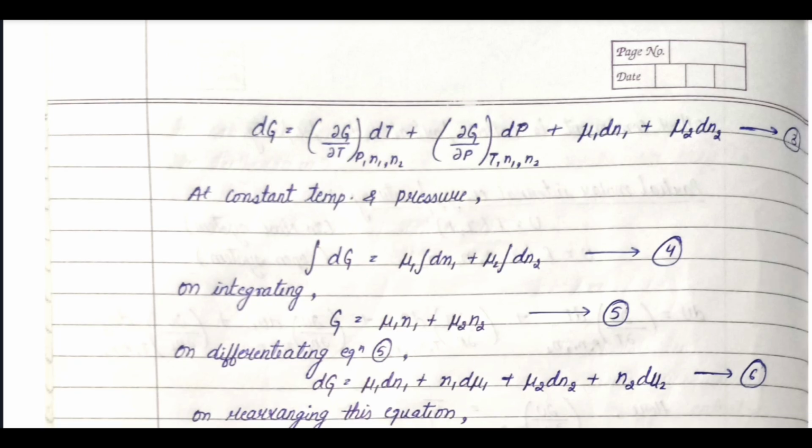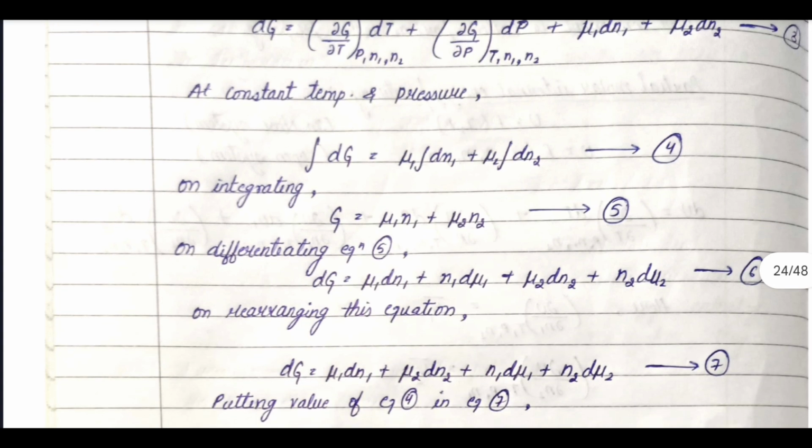So dG is equal to curly G by curly T at constant pressure, n1, n2 into dT plus curly G by curly P at constant temperature, n1, n2 into dP plus mu1 dn1 plus mu2 dn2, equation 3.